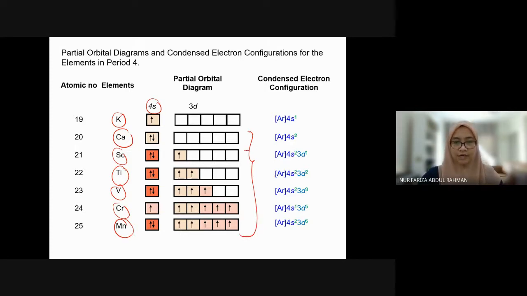Why? Because they end with a d orbital. See? d orbital, d orbital, d orbital, d orbital, d orbital. Just be careful. For chromium, you can see here it is a bit special compared to the rest of the group. So take note of chromium and copper. Anomaly, okay?